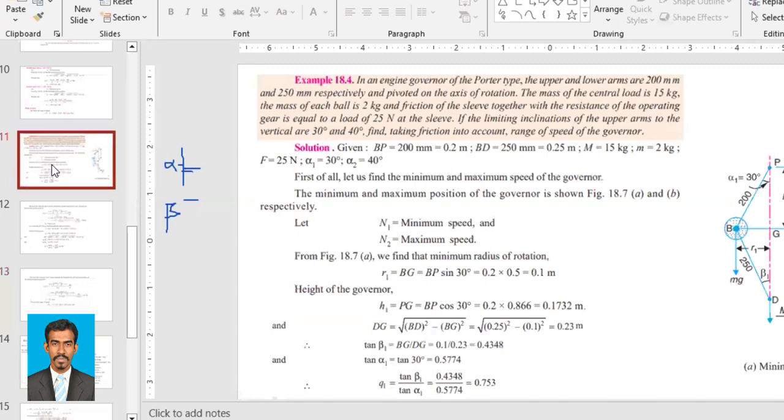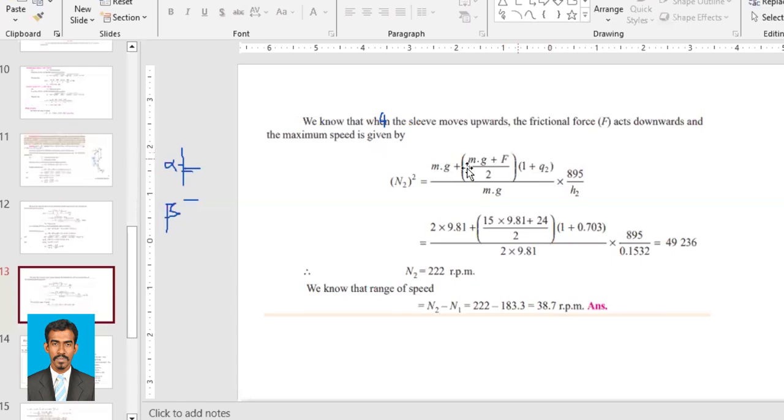I think in the question it should be 24, right? So we'll change it. So this is 24 Newton. And also here it should be capital M.